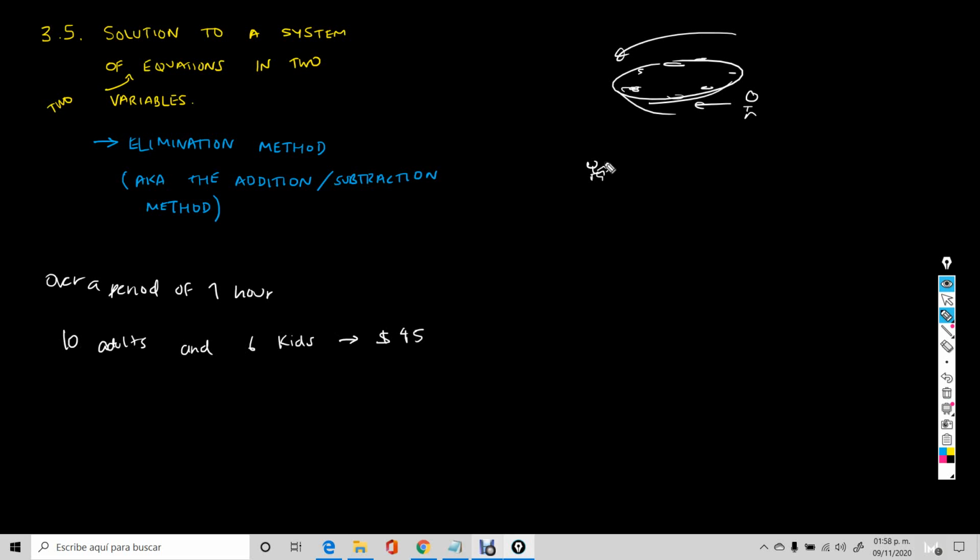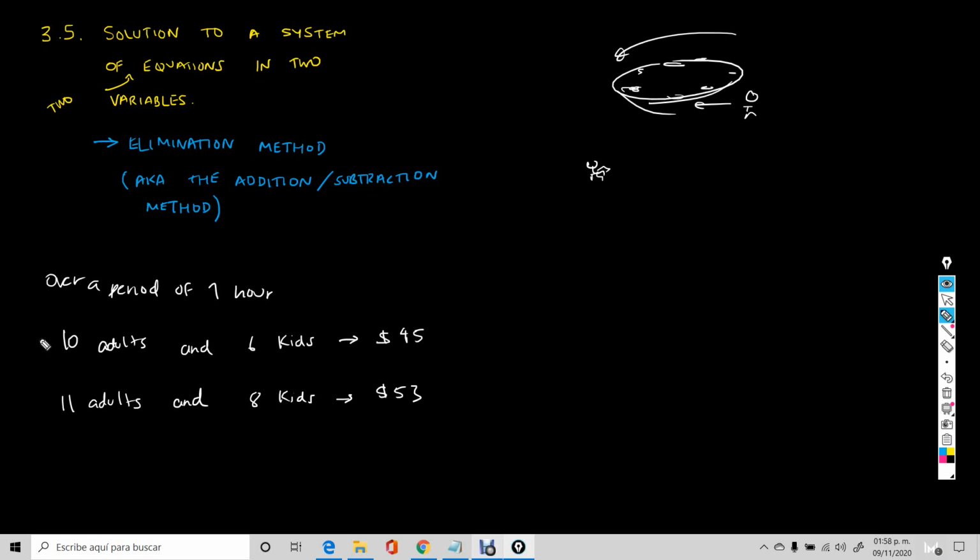And then over the next hour, you observe something similar. You observe now that 11 adults go into the attraction and 8 kids. And then also you get the information that over this next hour, the owner made $53. Okay, this is what you know.